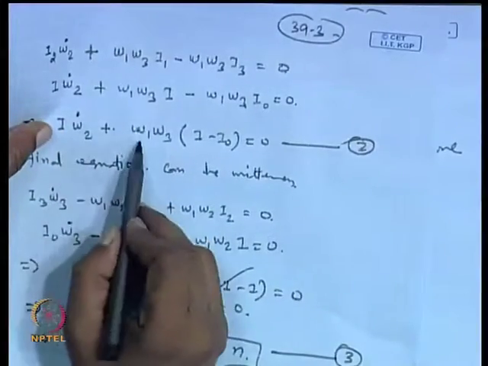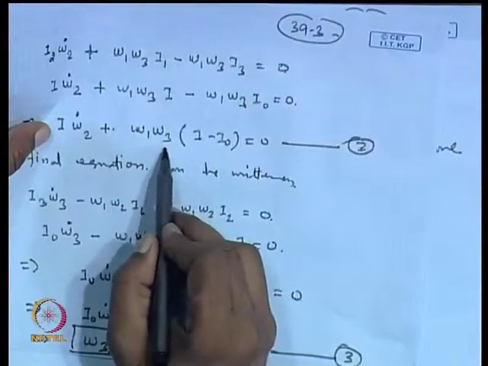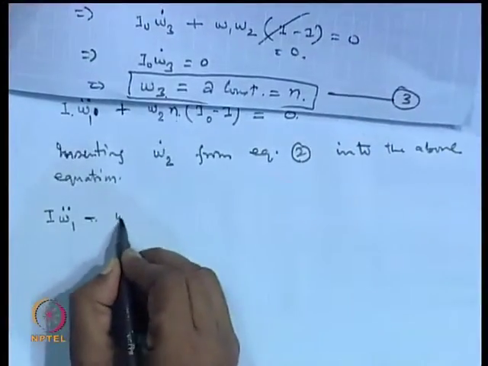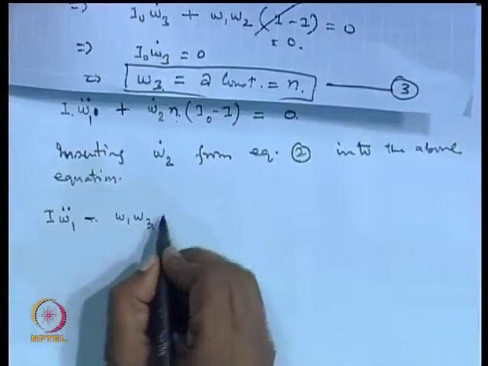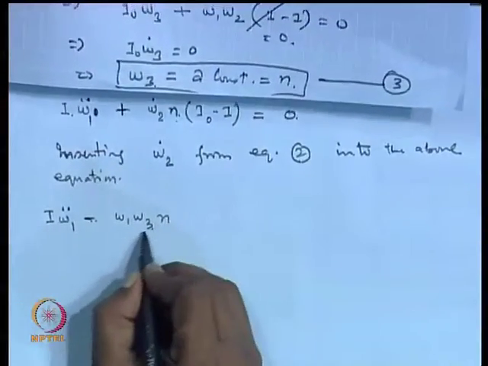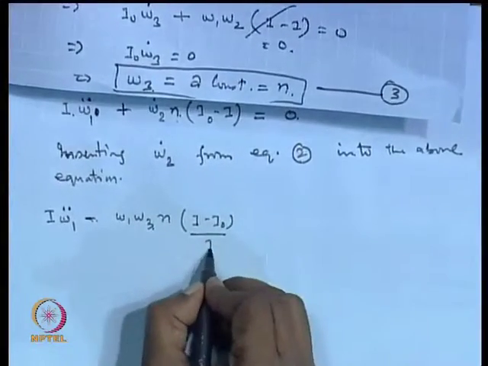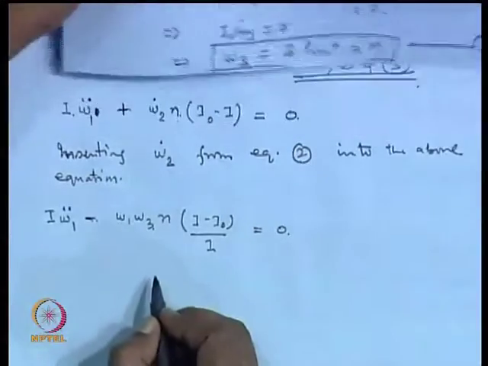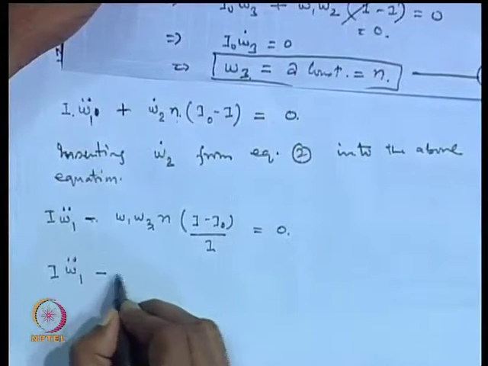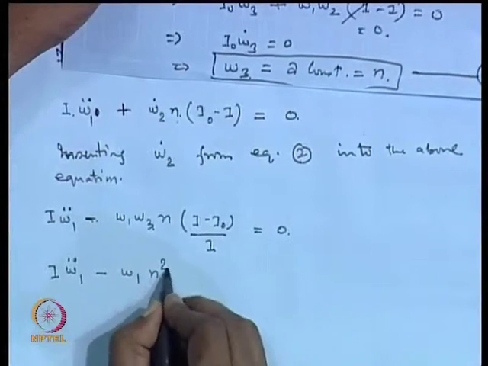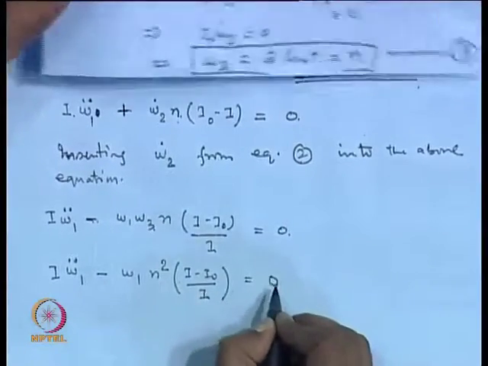Omega 2 dot will be omega 1 times omega 3 divided by I 3 times I minus I 0. So, this is omega 1 times omega 3, and naturally omega 3 will be replaced later on by n in one more step. So, this is n times I minus I 0 divided by I, and this quantity is equal to 0. Here we carry out one more step and write this as omega 1 times n square I minus I 0 divided by I equal to 0.